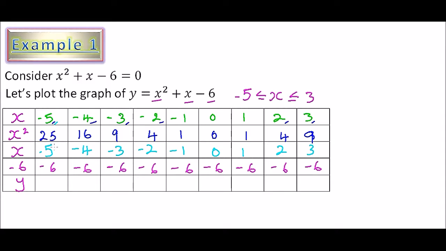So 25 minus 5 is 20. 20 minus 6, we now get 14.